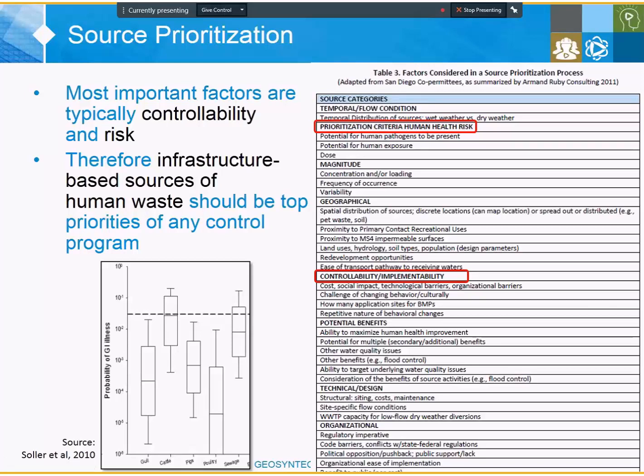But compared to gulls and, I'm assuming, domestic pets and other wildlife sources, the pathogen content of human sewage is much greater. So this is something that we want to prioritize in urban infrastructure to control. So infrastructure-based sources of human waste should be a top priority of any bacteria control program.